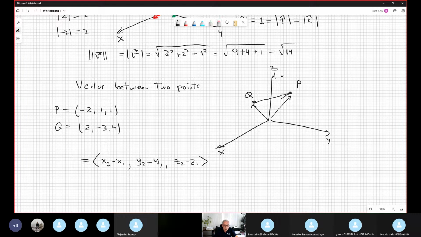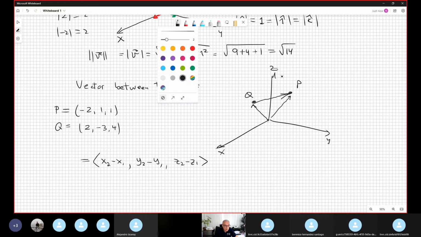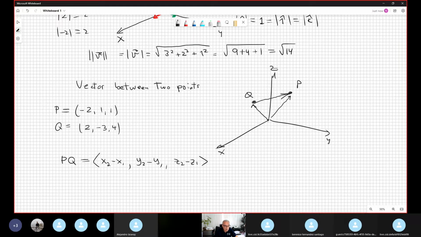It's important to be aware of this notation. And PQ is in the opposite direction, so PQ is minus QP.